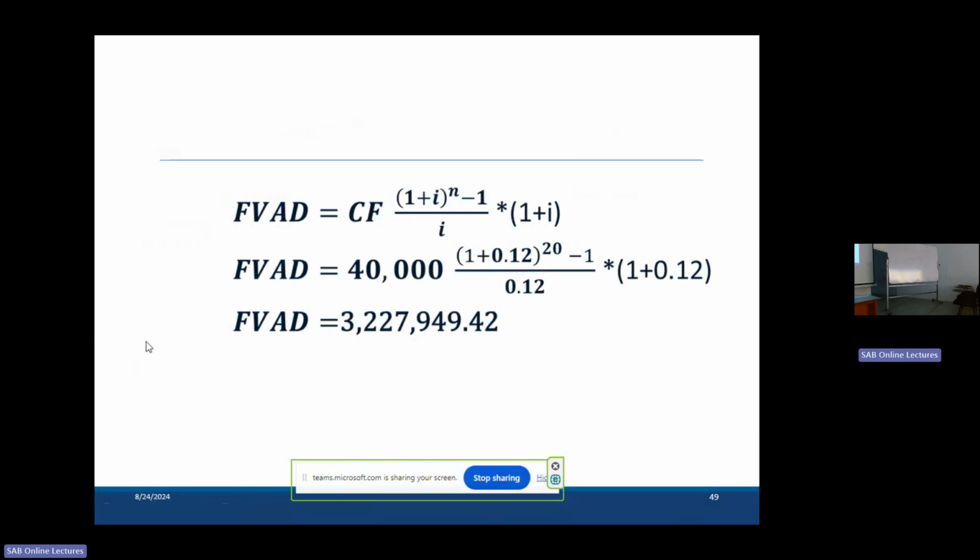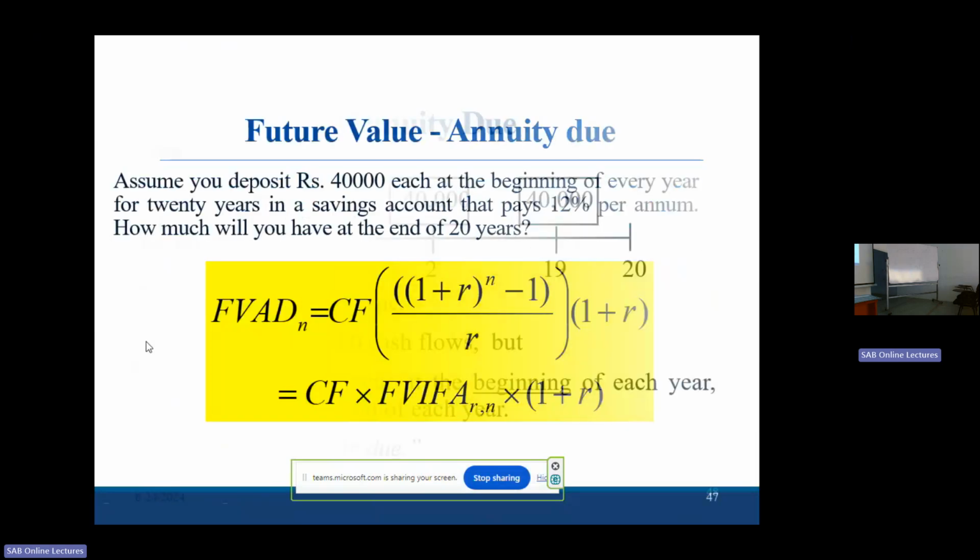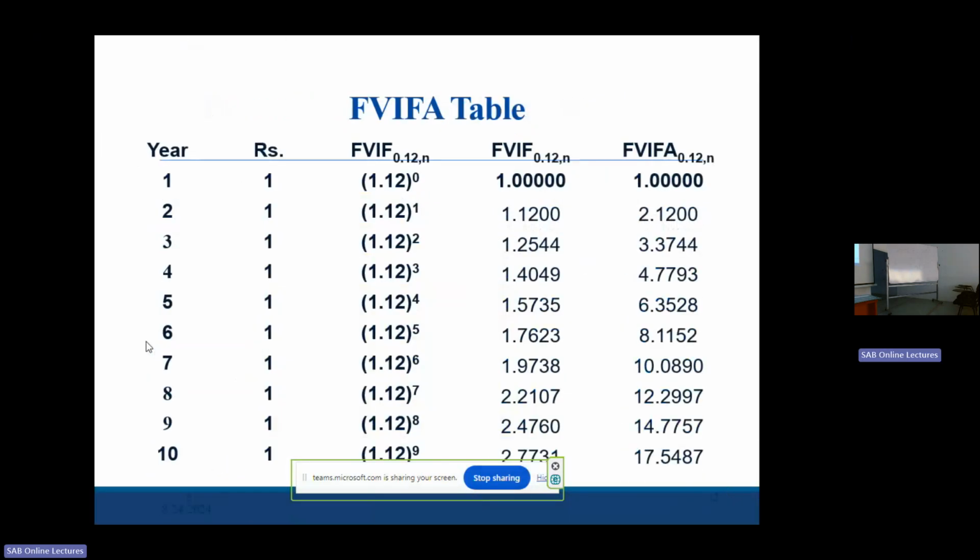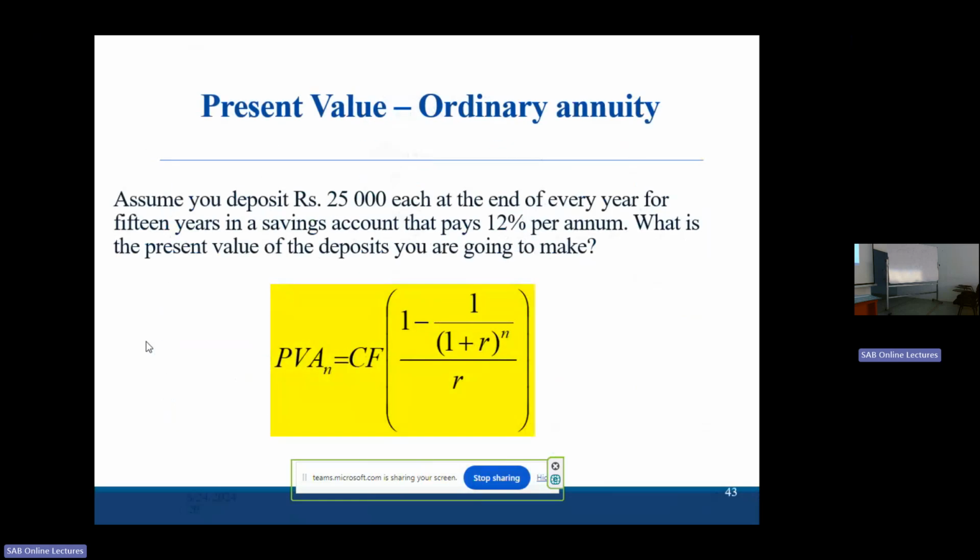Directly you will get this number. Now we are going to the next one, present value of the ordinary annuity.